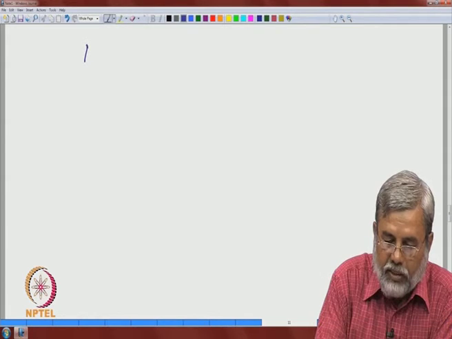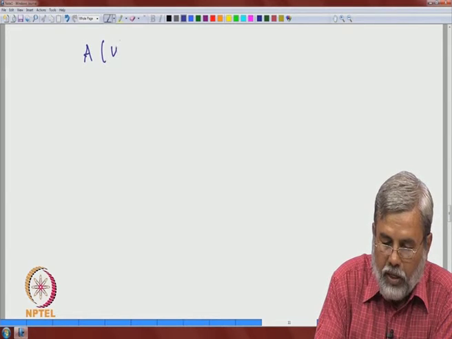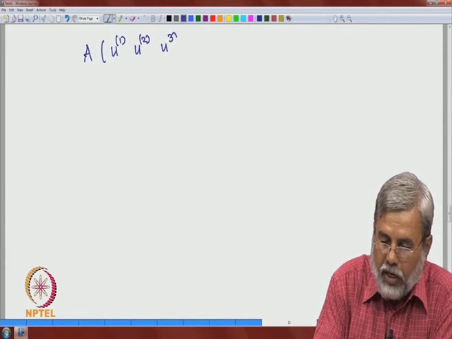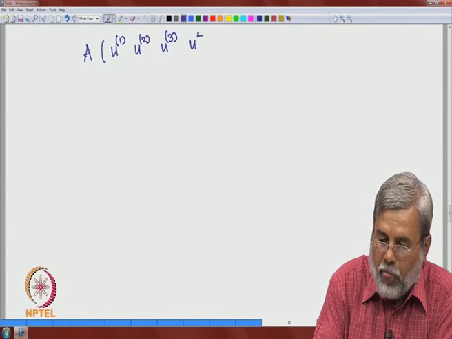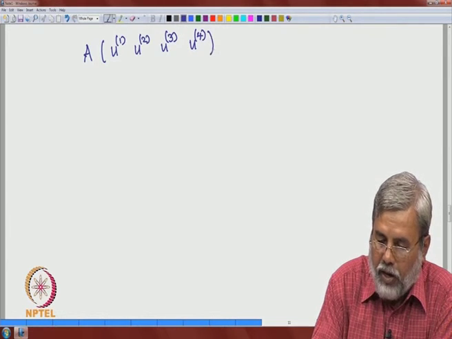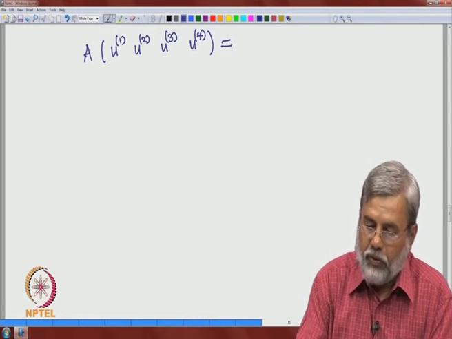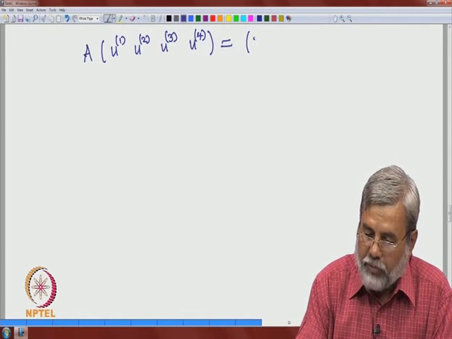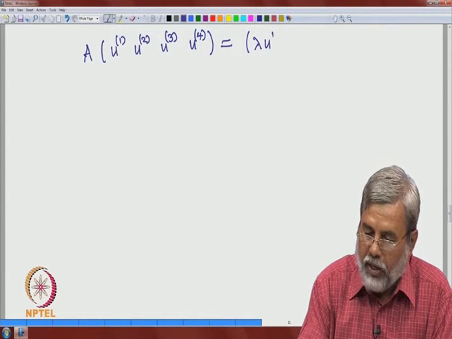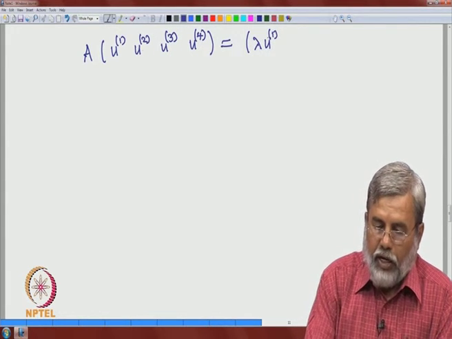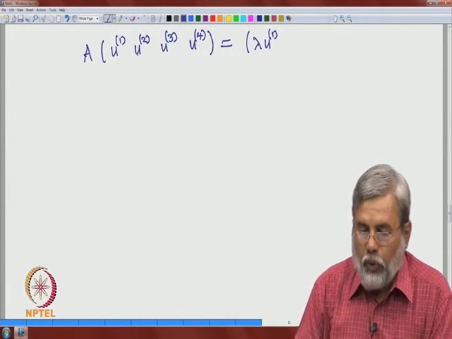Okay. And now, you apply A on these vectors u1, u2, u3, u4. Okay. And u1 is in N1. So, this just becomes lambda u1 and u2 is also in N1.